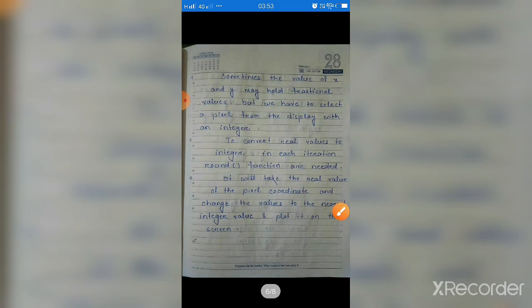Another point we have to remember is that sometimes the value of x and y may hold a fractional value. But we have to select a pixel from the display with an integer. A fractional value we cannot plot, so we have to choose an integer value.